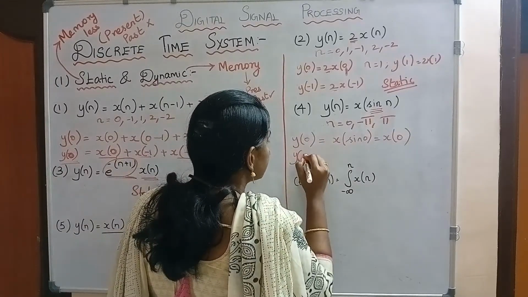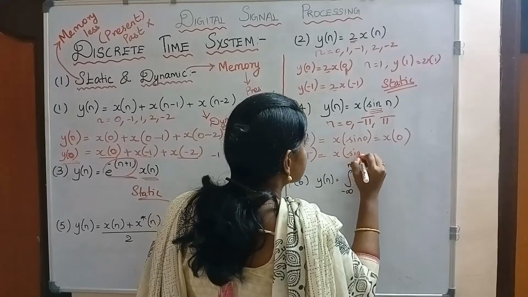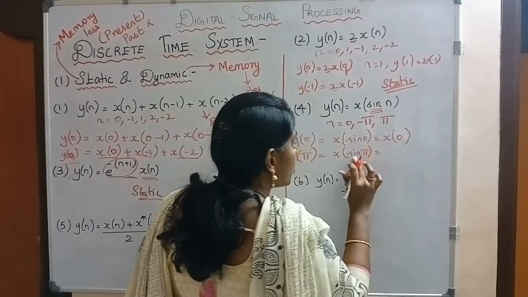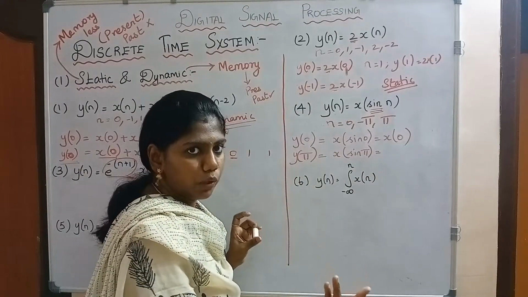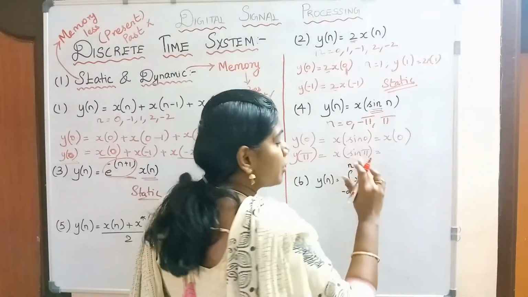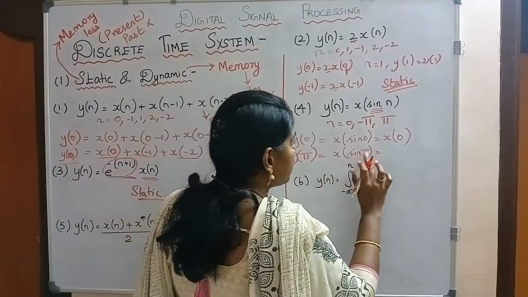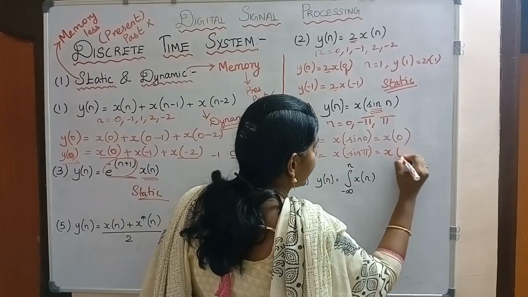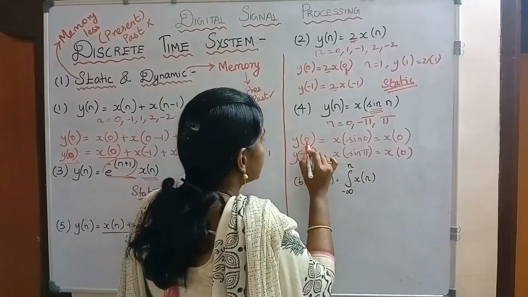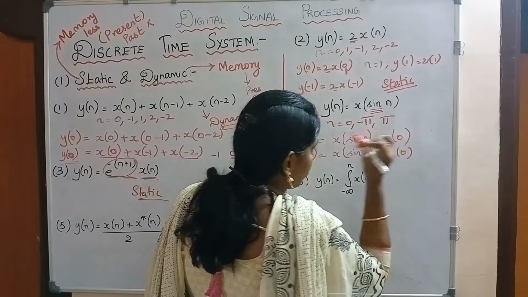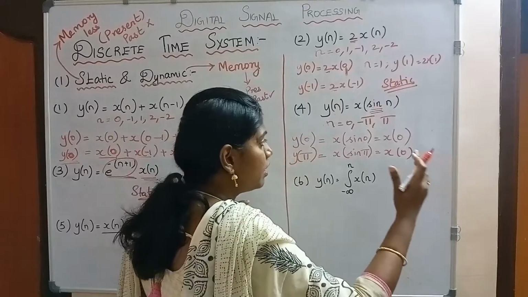And if you pass pi, what do you get? x of sine pi. So what is sine pi? Sine any n pi is 0. That we know, right? Because sine n pi equal to 0. Fine. So sine pi is 0, so you get x of 0. If you see here, the output at 0 depends on 0. So I can say it is a static system.